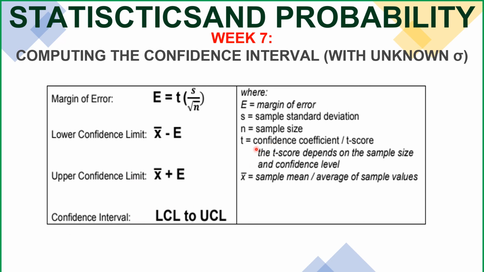So, yung T natin, here is the confidence coefficient or the t-score. So, kung kanina is given yung percent, tapos madali nating ma-identify yung mga common percent sa z-score natin. Sa t-score naman, it depends on the sample size and confidence level.